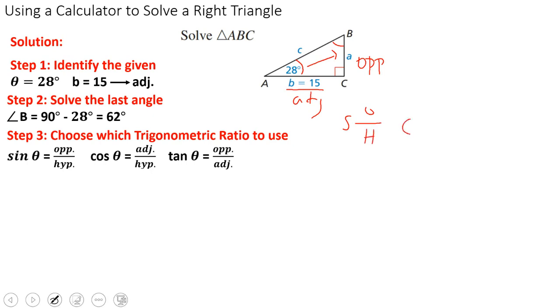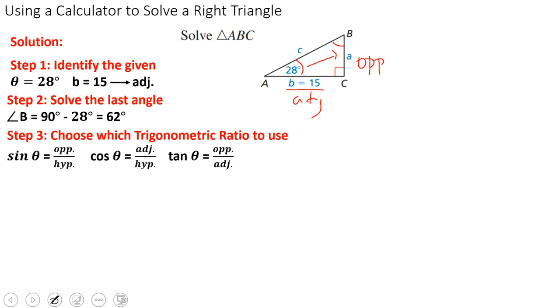For cosine theta, the ratio is equal to adjacent over hypotenuse or CAH. And for tangent theta, the ratio is opposite over adjacent or TOA. So we make use of this acronym to remember our three basic trigonometric ratios. So, SOH, CAH, TOA.